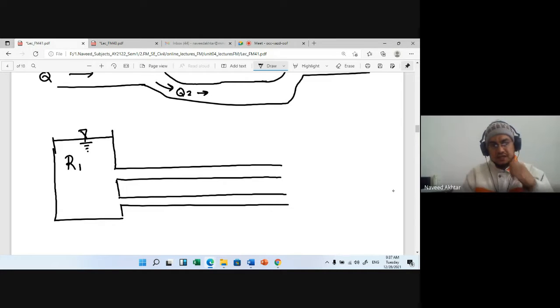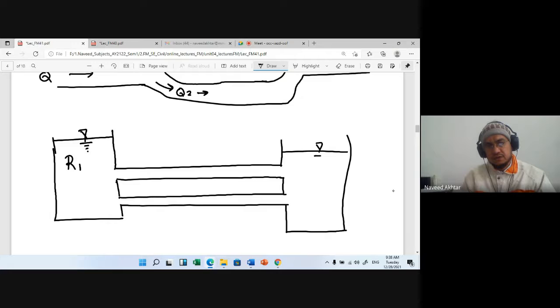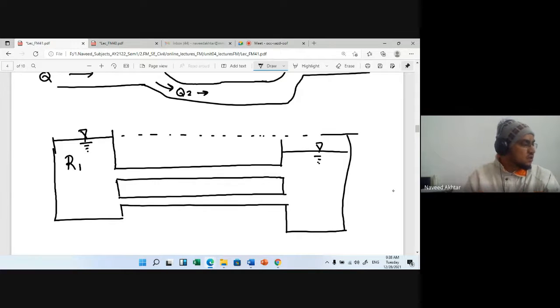Okay, and then pipe in parallel, and this is reservoir two. Pipes are connected in parallel. Here this is the total head loss. Here this is nothing but HF is equal to HF1 is equal to HF2 and so on.